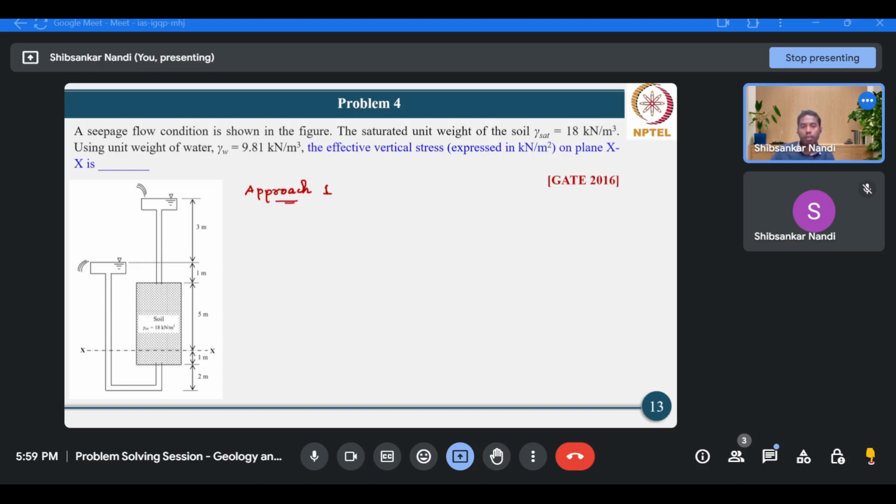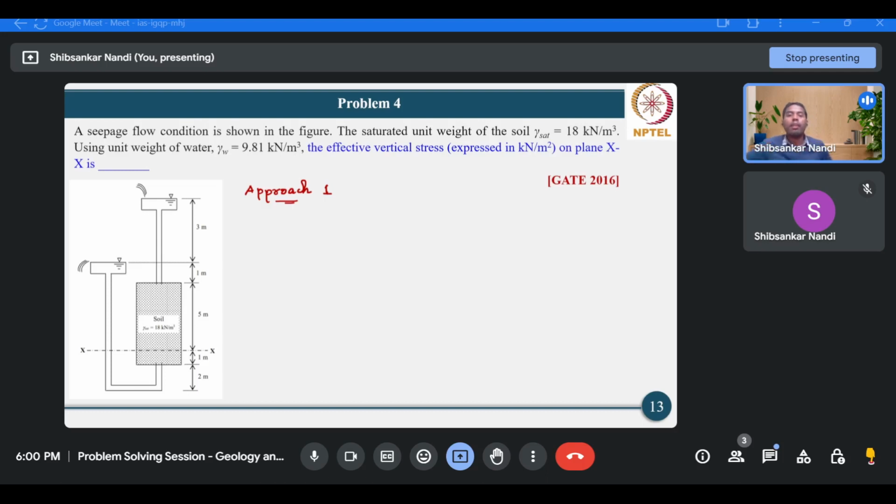If there is seepage flow in the downward direction, then the effective vertical stress will increase as compared to when there is no seepage flow. And in the opposite case, when there is seepage flow in the upward direction, the effective vertical stress will decrease compared to the no seepage condition.